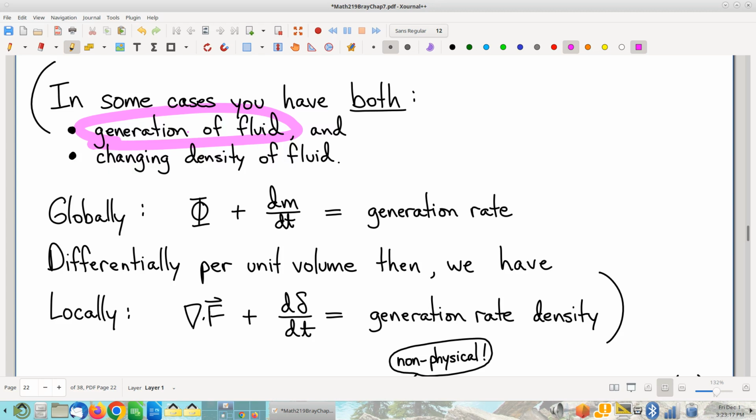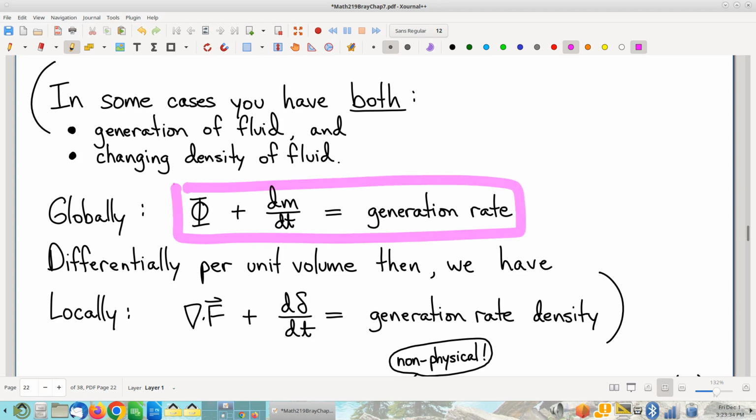On the other hand, this other kind of fluid, namely the air, the density is what changes, but we're not creating air. It's just moving around, right? So I just want to point out that these two different features can be combined. And this equation here is a nice little summary of how to think about how to combine these, and I'm just going to very quickly talk about how to visualize this.